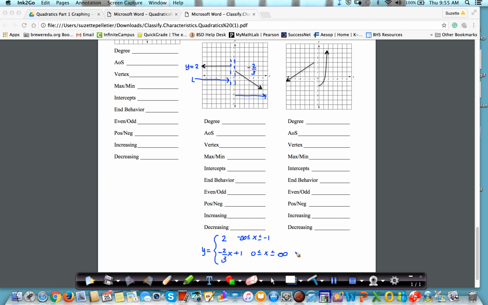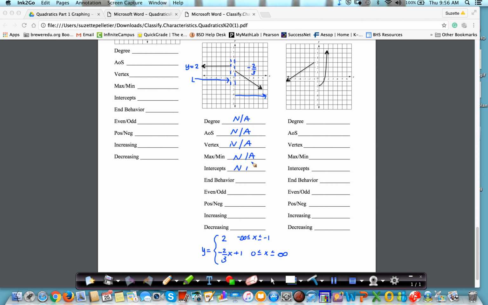Okay? So this function doesn't have a degree because it's a broken function. It does not have an axis of symmetry because it's broken. It doesn't have a vertex because it's been broken. It doesn't have a max or a min because it's broken. Part of it has an intercept, but not the whole thing.